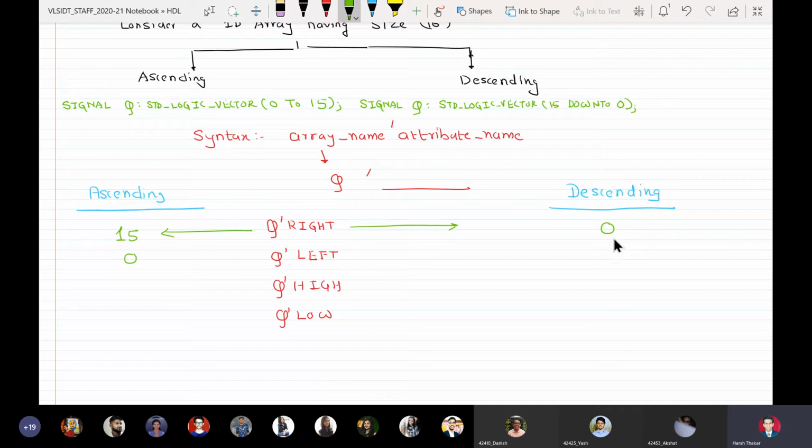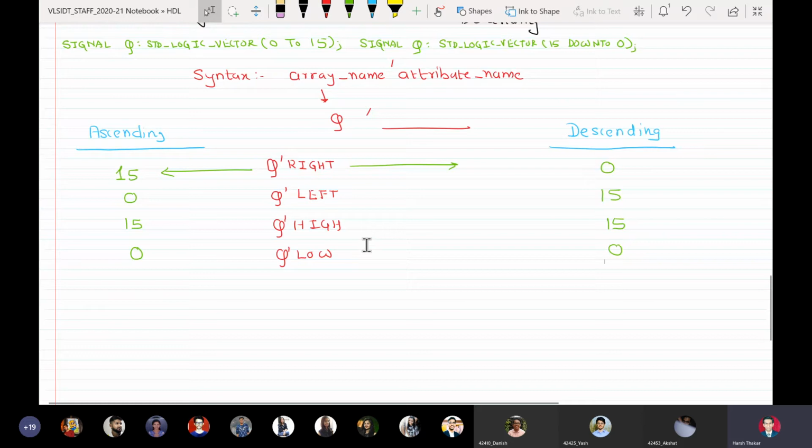For a descending array 15 down to 0, it returns 15. Q tick high means the highest value in the array. For ascending it is 15, and for descending it is again 15. Q tick low will be 0.